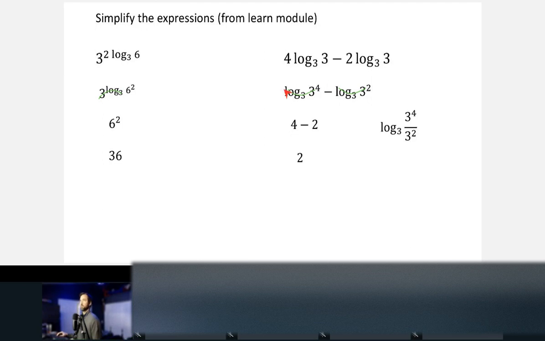Hopefully you remember your rules about same bases and fractions, how you subtract the exponents and it stays on the side where it's bigger. So 4 minus 2 is 2. And then from here, maybe you saw, hey, let's go ahead and bring this in front, or let's just cancel this out and make that a 1.